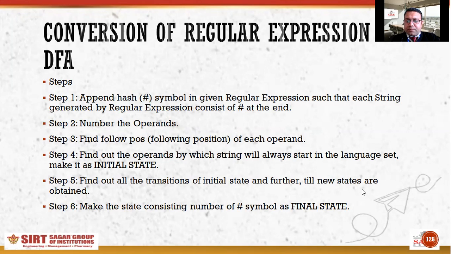Once you stop getting new states, you have to decide the final states. Whatever state consists of the operand number of the hash symbol will be considered a final state. So let us take an example and see how this process is done step by step.